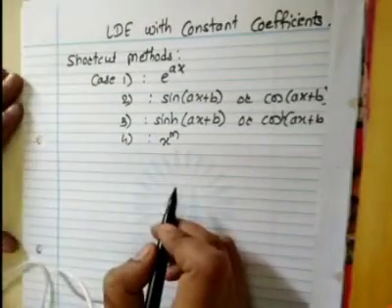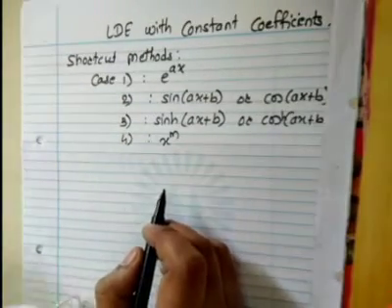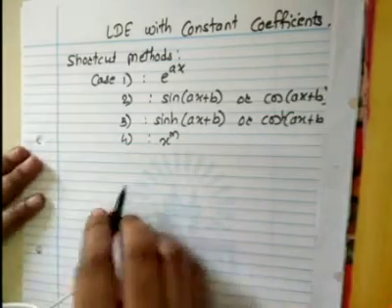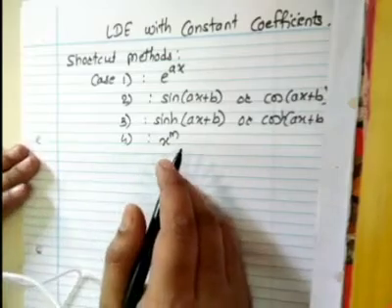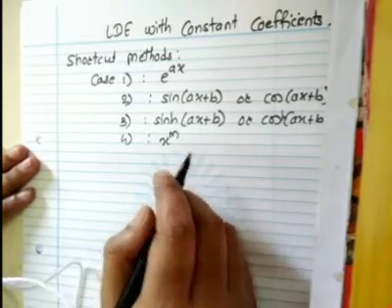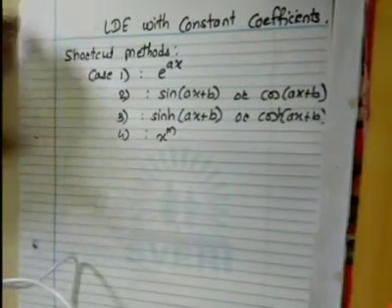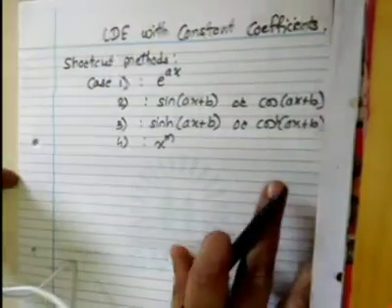Okay, we'll start. So up to now we have seen the solution of phi(D)y equal to 0, then the solution of phi(D)y equal to f(x), where we have to find the roots and write the complementary function, that is yc.